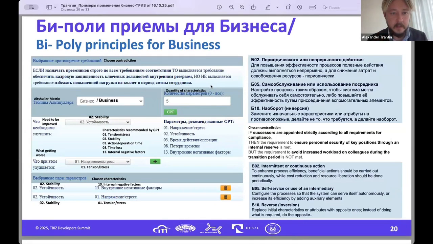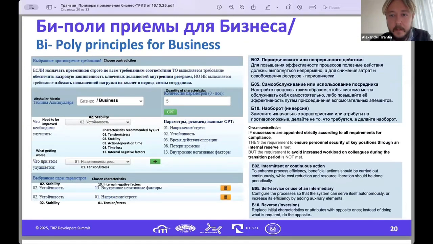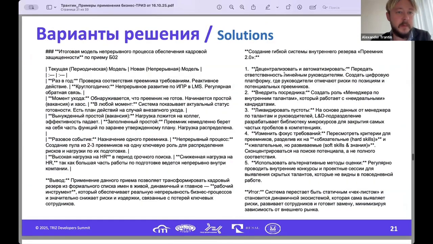We are helped by AI and choose from the list of recommended parameters the most suitable for a particular situation. And we had three approaches or methods: self-service or using a mediator, and the vice versa method. This method did not prove to be efficient, so we used the mediator and the self-service methods.